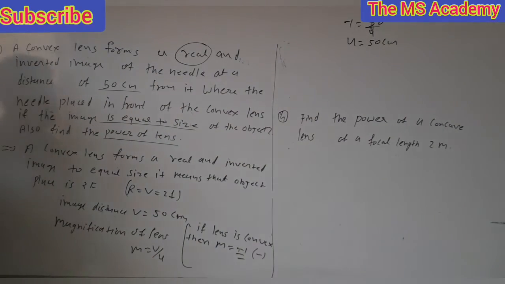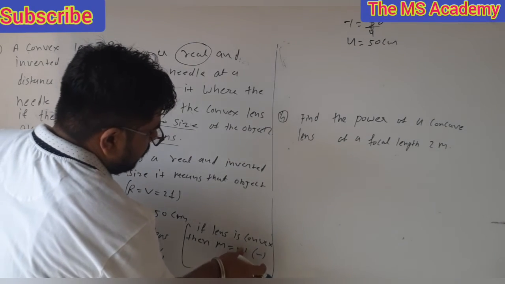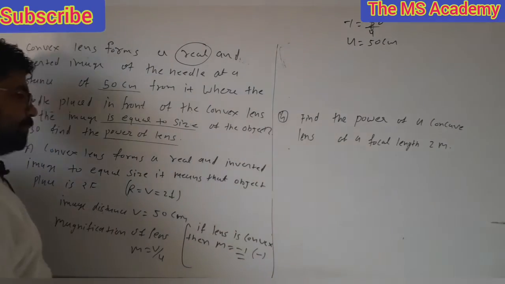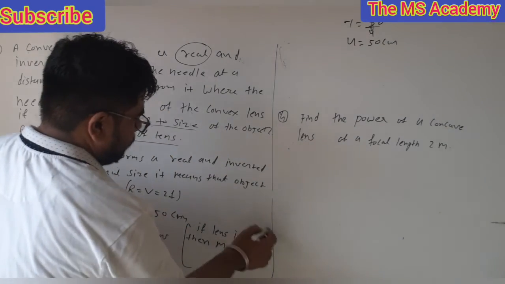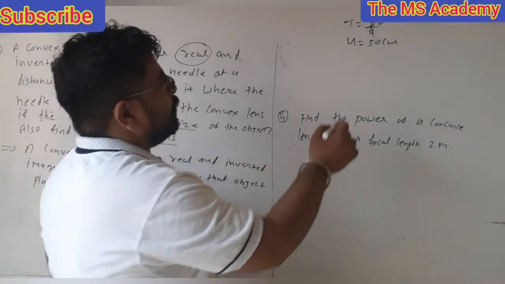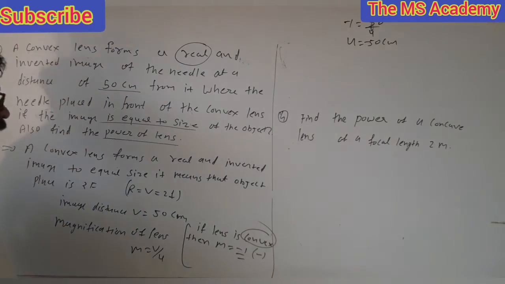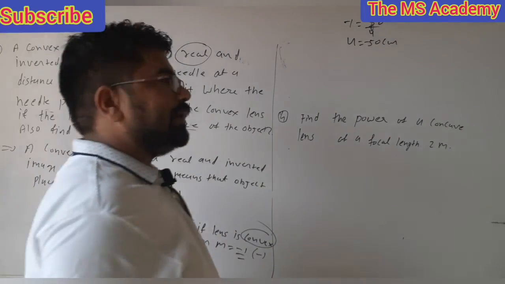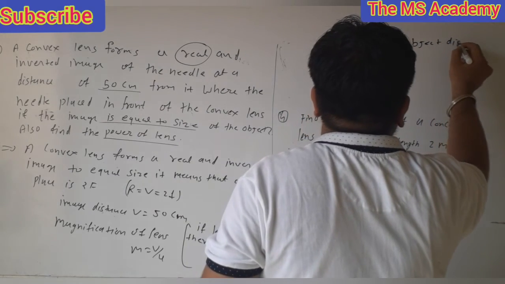Whenever the image is real, the magnification is always negative, in lenses, convex and concave. Then we get u is equal to minus 50 centimeter. Okay, it is the object distance.